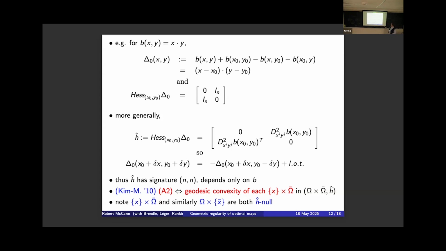So far, it depends only on the choice of cost function. We don't see rho and rho bar at all. There are several observations.